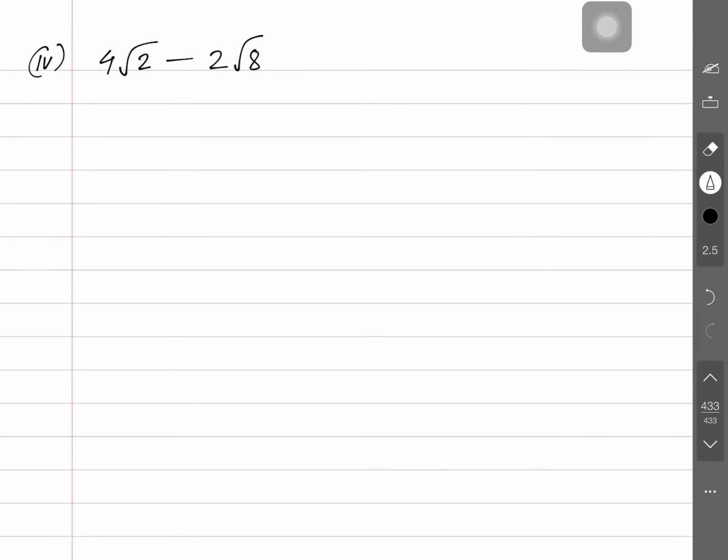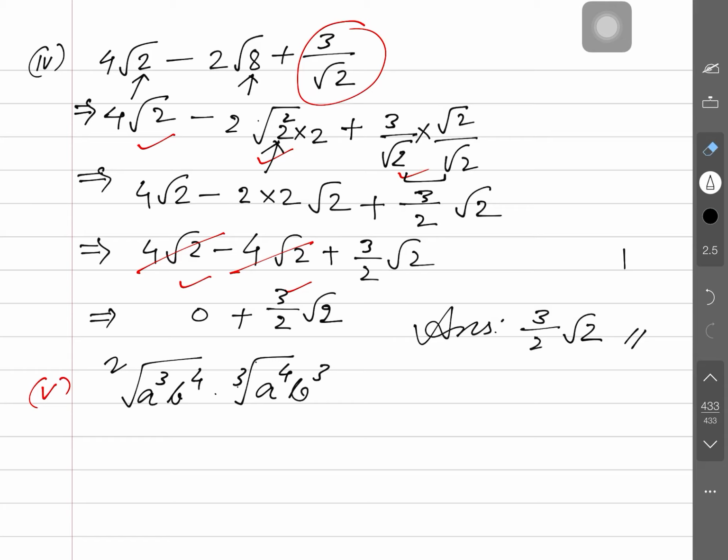The first has index 2, generally 2 is not written, and the second has index 3.